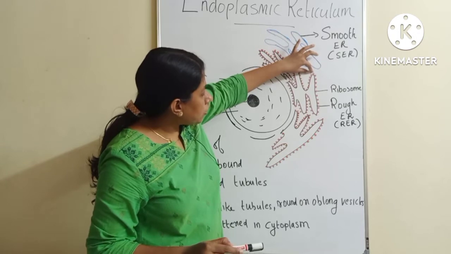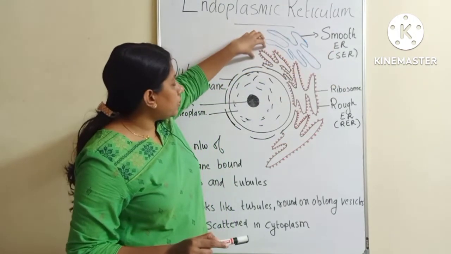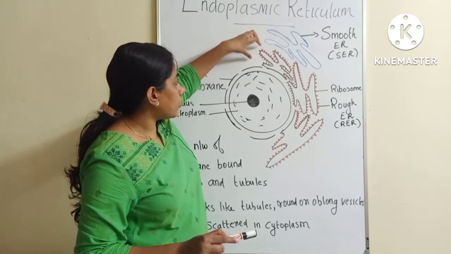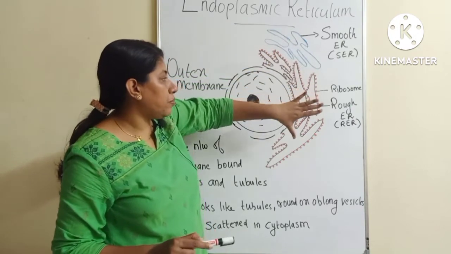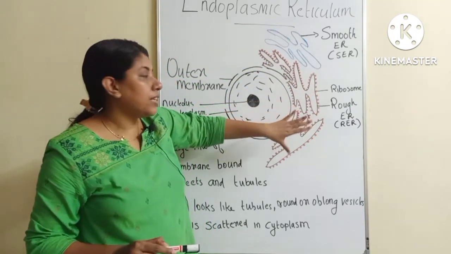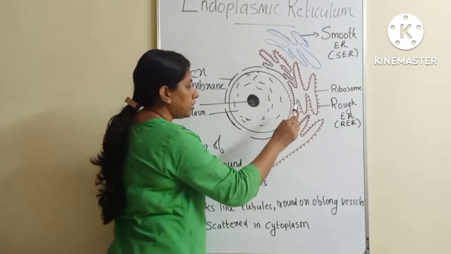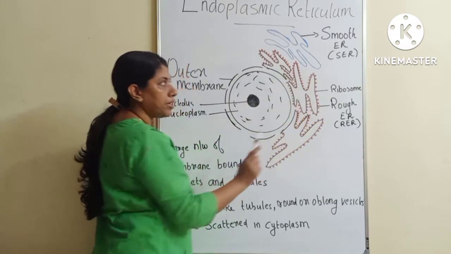These granular structures are called ribosomes. Due to the presence of ribosomes, this endoplasmic reticulum has a rough surface, and hence it is called rough endoplasmic reticulum.